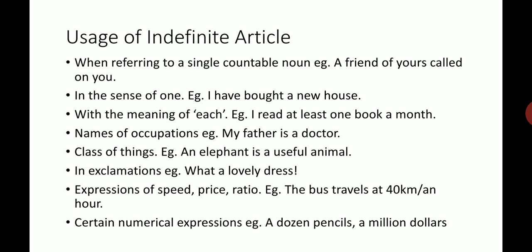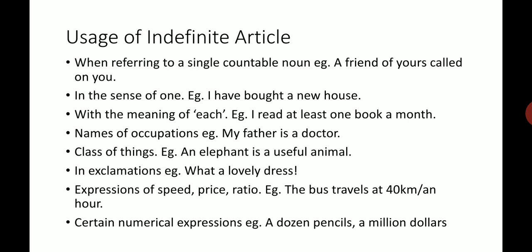In expressions of speed, price, ratio. Example, the bus travels at 40 kilometers an hour, or the best fare is rupees 20 a person, with certain numerical expressions.